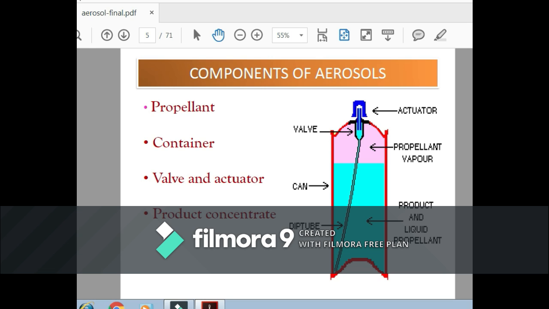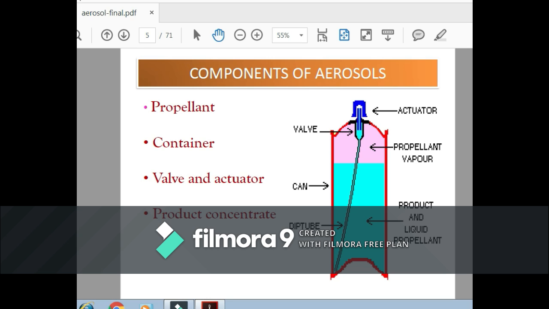Then product concentrate. Product concentrate is nothing but your actual drug, that is the active ingredient of your aerosol. This drug may be dissolved in your propellant, or it may be added with another type of solvent.